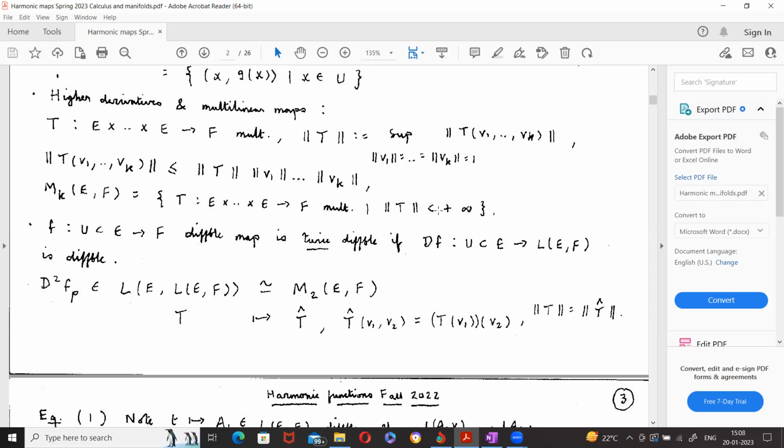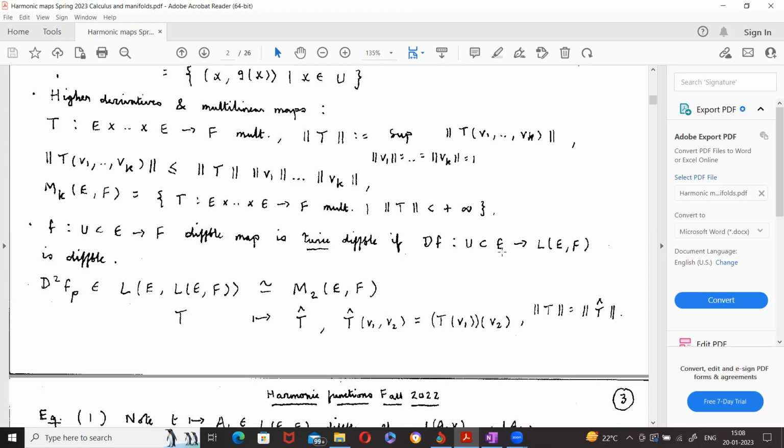So now we can come to what is the second derivative of a map between Banach spaces. So a differentiable map f from E to F, we'll say this is twice differentiable if the map, so remember we had a map Df going from U in E to L(E, F), we want this map to be differentiable.